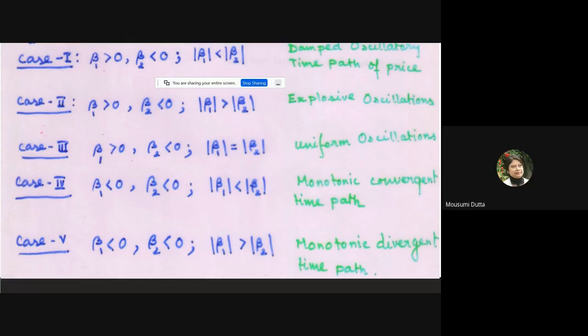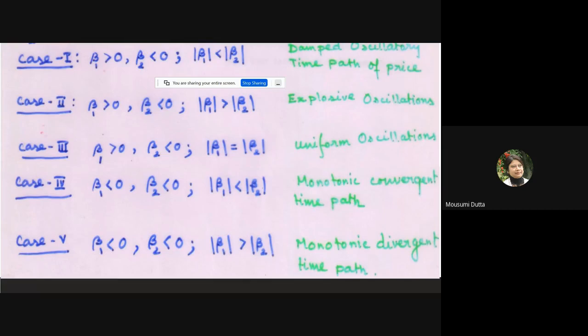Ma'am, beta 1 over beta 2 is equal to 1. Won't the time path be horizontal? You are telling that mod beta 1 is equal to mod beta 2. Yes. Okay.